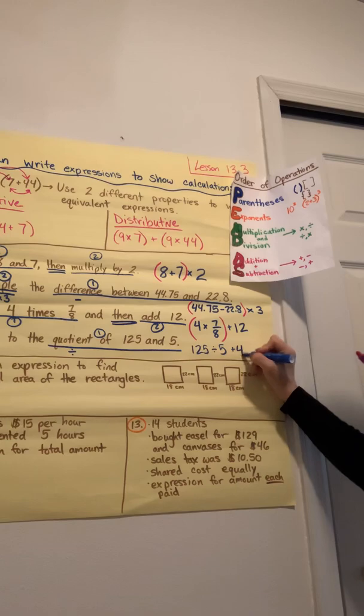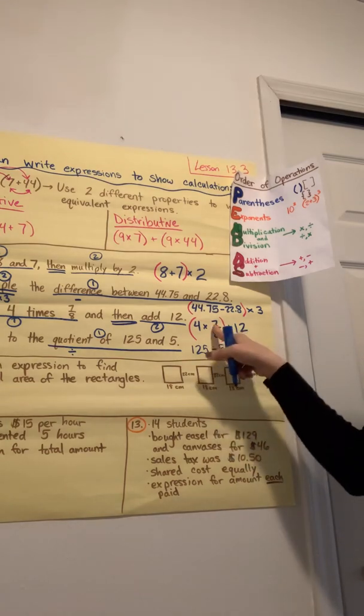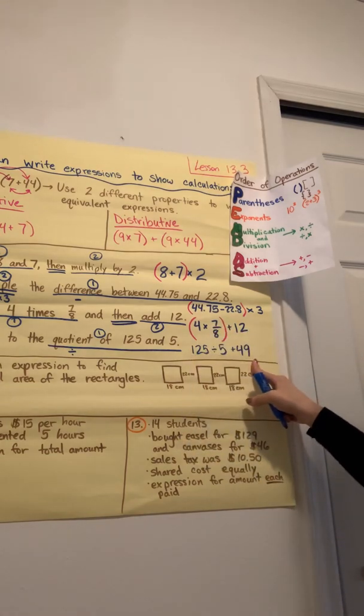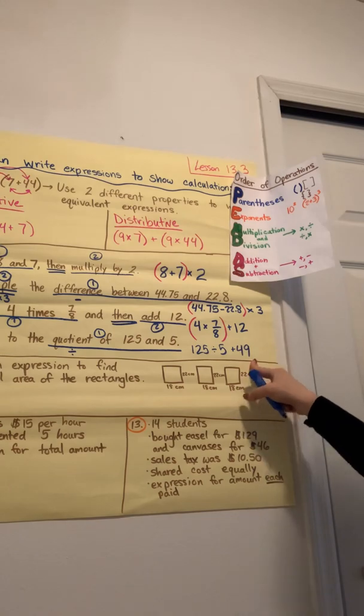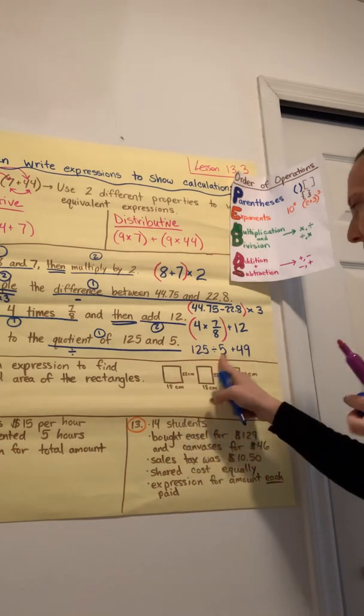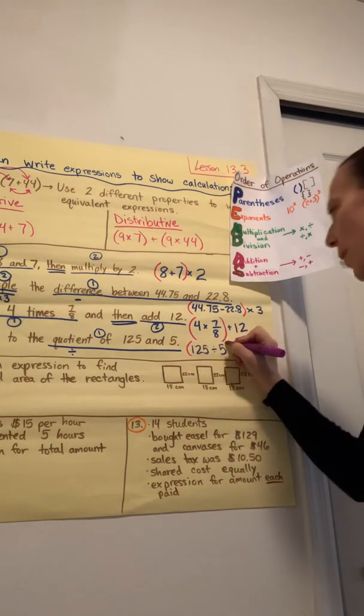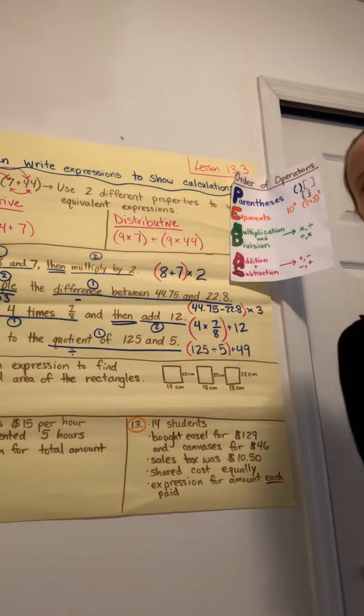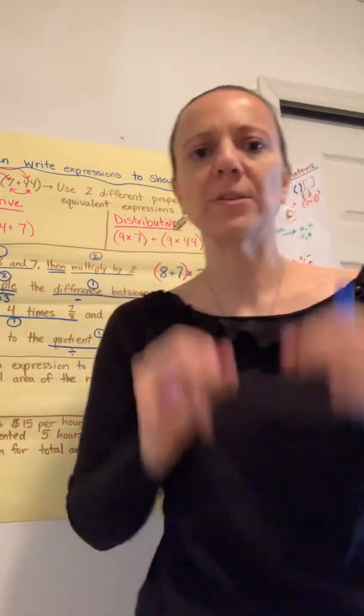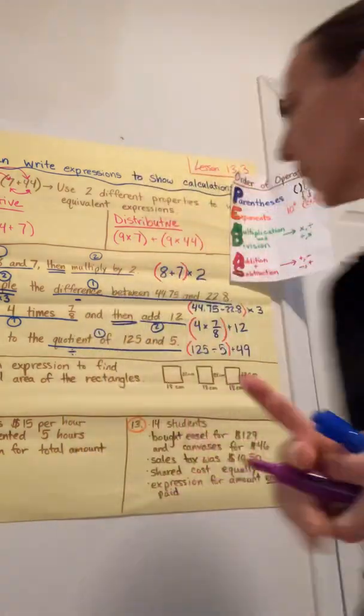And then I'm going to add 49. So just like the one before, this is fine as is, because if somebody came along and followed order of operations, they would divide first and then they would add. But I'm going to put in my parentheses, even though I don't need them, just to be very, very clear. That's what I want you to do first.